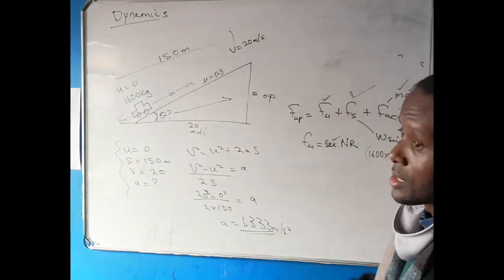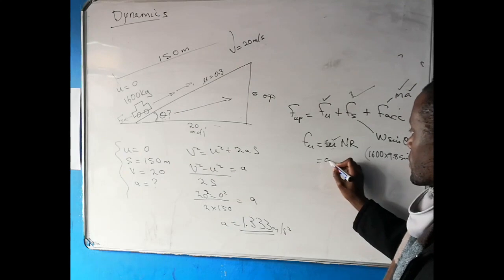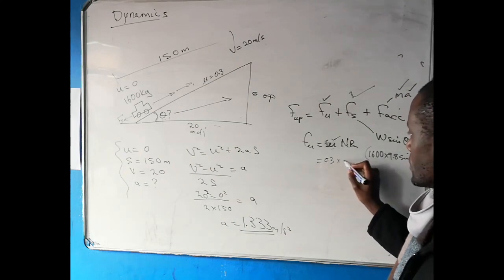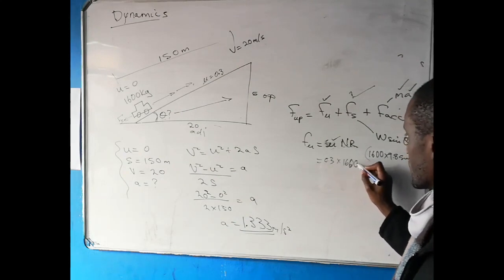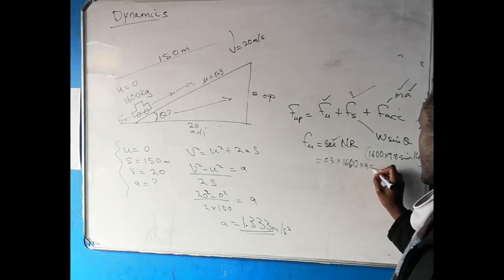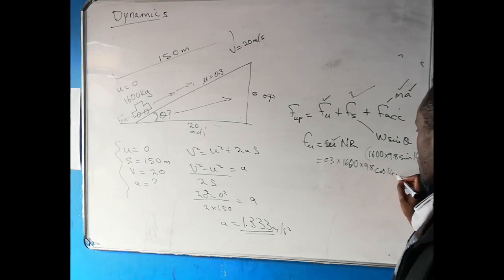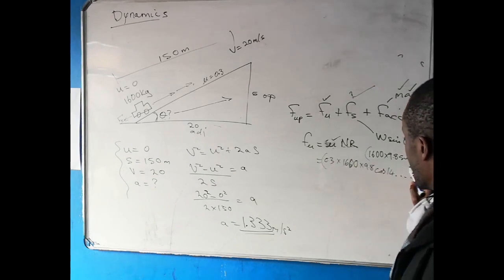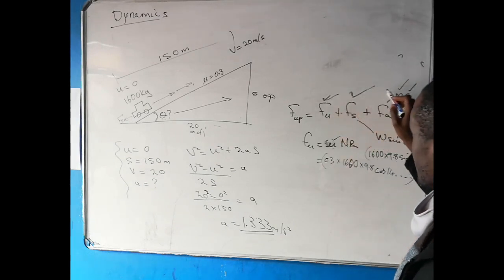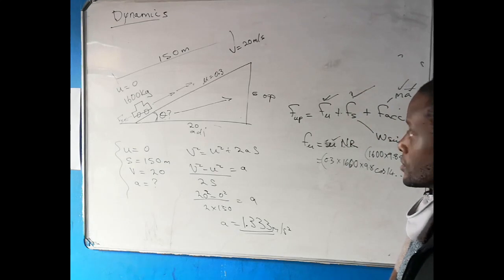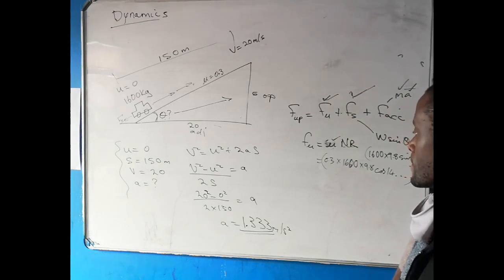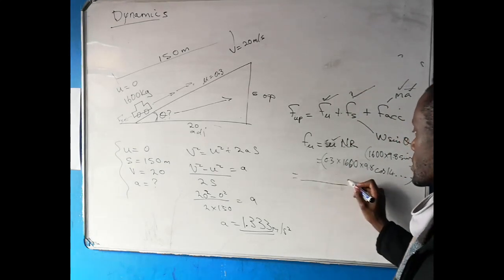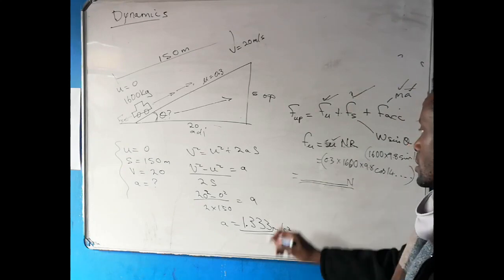We'll say 0.3 times the normal reaction, 1,600 times 9.8, cos of your angle, whatever value you got. Then you add all of this, and you get that amount. It will give us how much force in newtons.